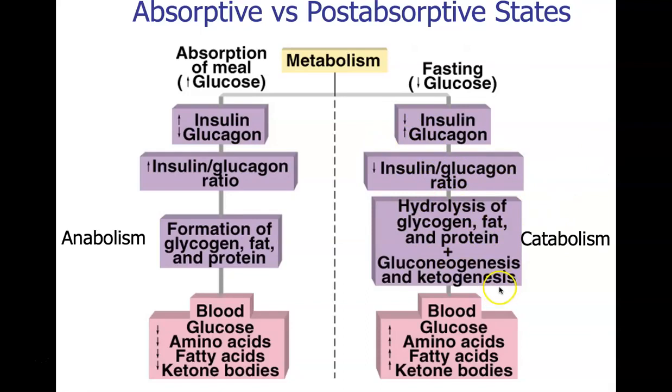So this is all catabolism. So once you're fasting, you start to break things down. Okay. This causes you to increase your blood glucose, amino acids, fatty acids, and ketone bodies. And if you think about how often we eat, our body is very commonly moving between these two, right? The absorptive state and the post-absorptive state.